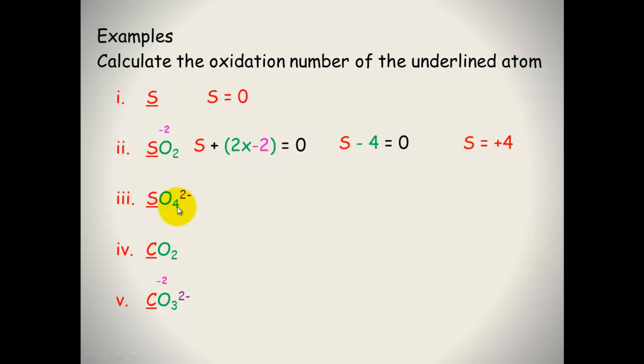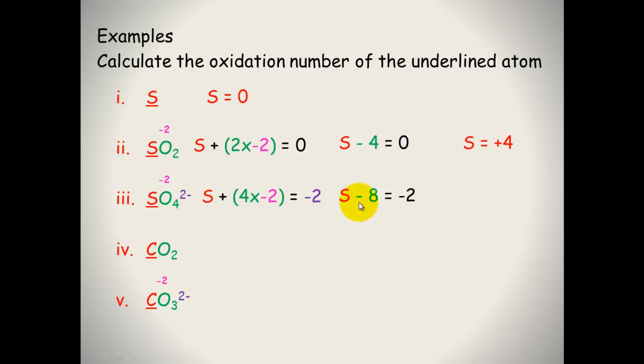Let's have a look at this example. Remember, the overall oxidation number needs to equal the charge on the ion. Oxygen has -2, so sulfur plus 4 times oxygen, and the overall charge of the ion equals -2, so the addition of the oxidation numbers needs to equal -2.